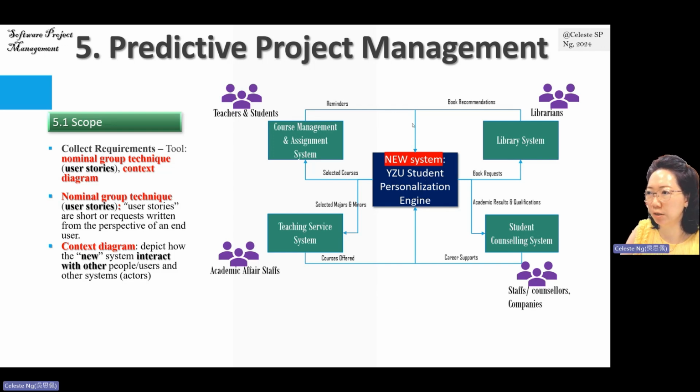So this is an example of how this new system is going to talk with an existing system. Let's take another example. In my new system, this new student personalization engine, a student would also like to get some information about their future career.